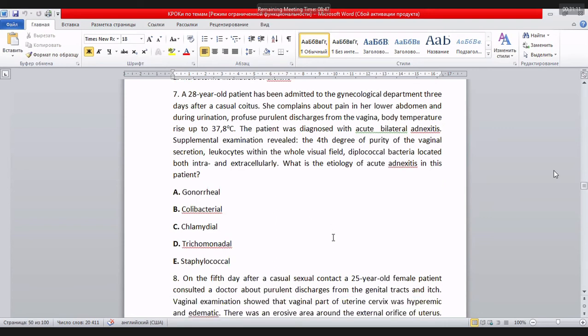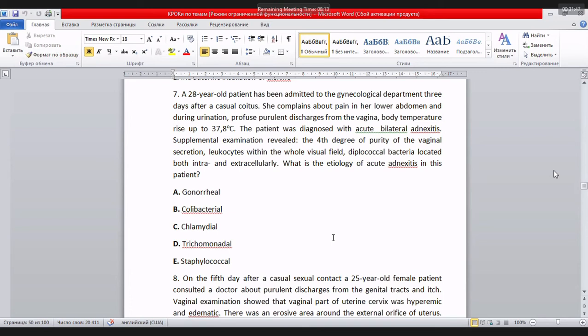The next, a 28 years old patient has been admitted to the gynecological department 3 days after casual coitus. She complains about pain in her lower abdomen and during urination, profuse purulent discharges from the vagina, body temperature rise up to 37.8. Patient was diagnosed with acute bilateral adnexitis, on both sides of the uterus, inflammation of what?